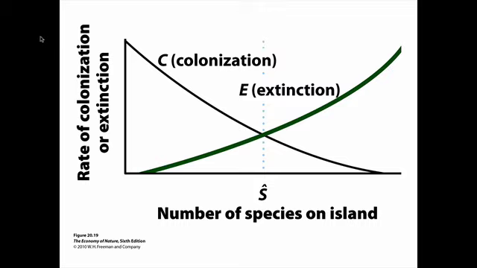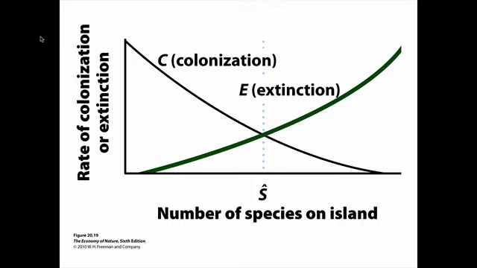Now, this rate has to go down because once you get one species on the island, only 49 out of the 50 would be new species. So here you have one species on the island, and only 49 of the 50 are new. So the rate falls.